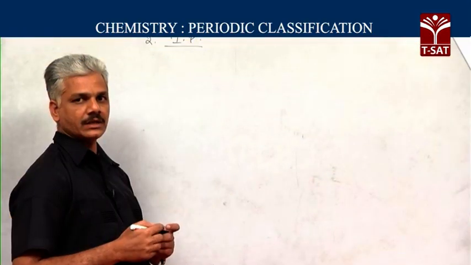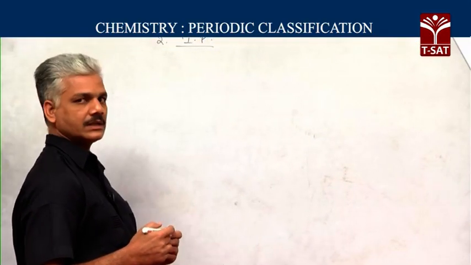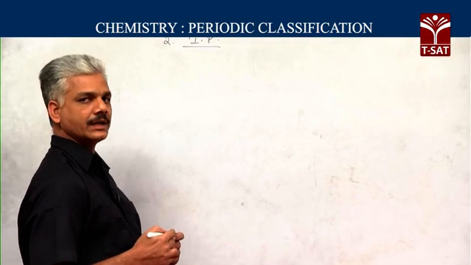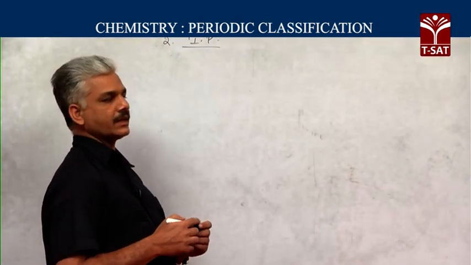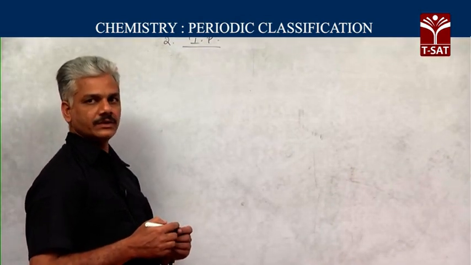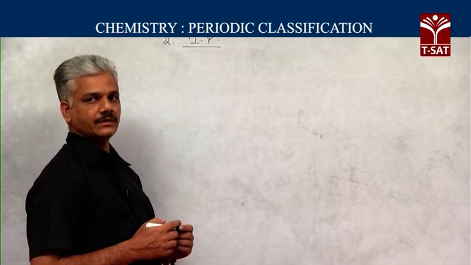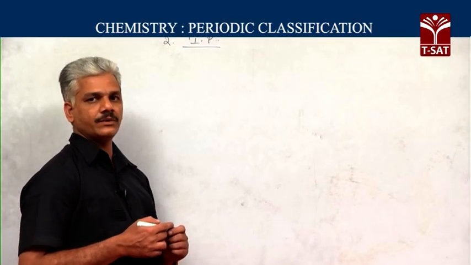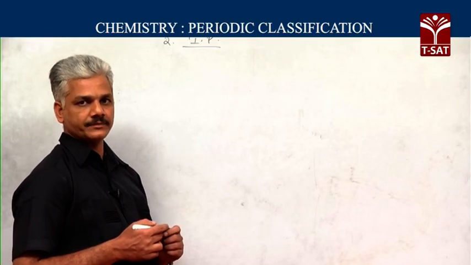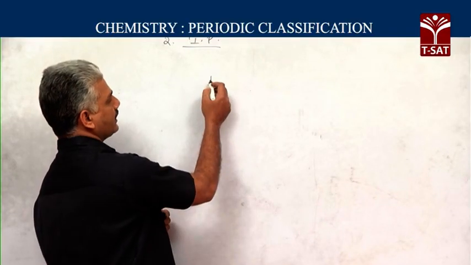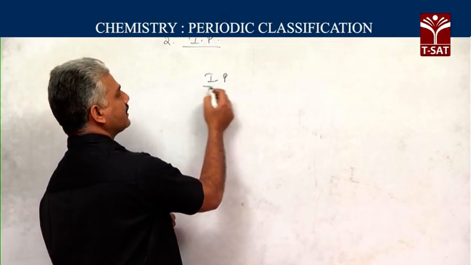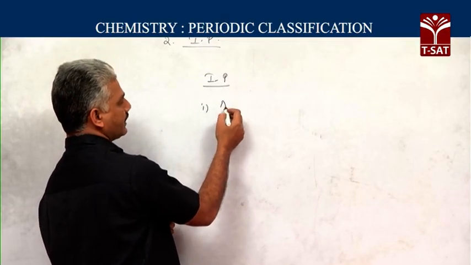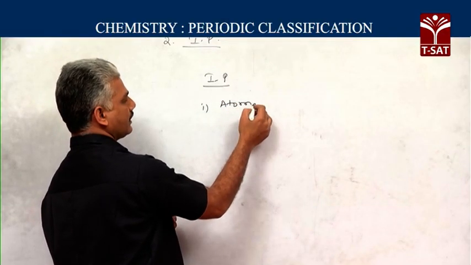Ionization potential, also called as ionization energy as well as ionization enthalpy. It is defined as the amount of energy required for the removal of outermost electron from a neutral gaseous atom. Ionization potential value depends on many factors. One of the factor is atomic radius.